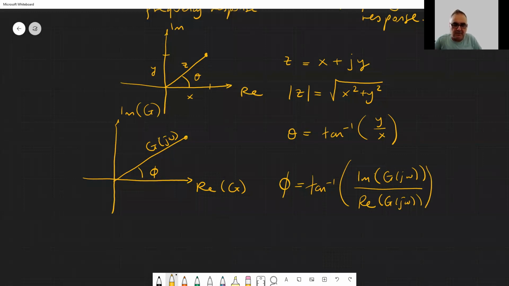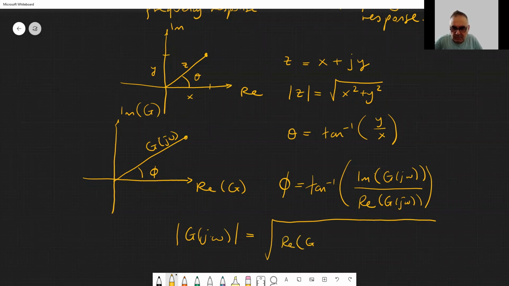And the magnitude of G of j omega will be the square root of the real part of G of j omega squared plus the imaginary part squared.